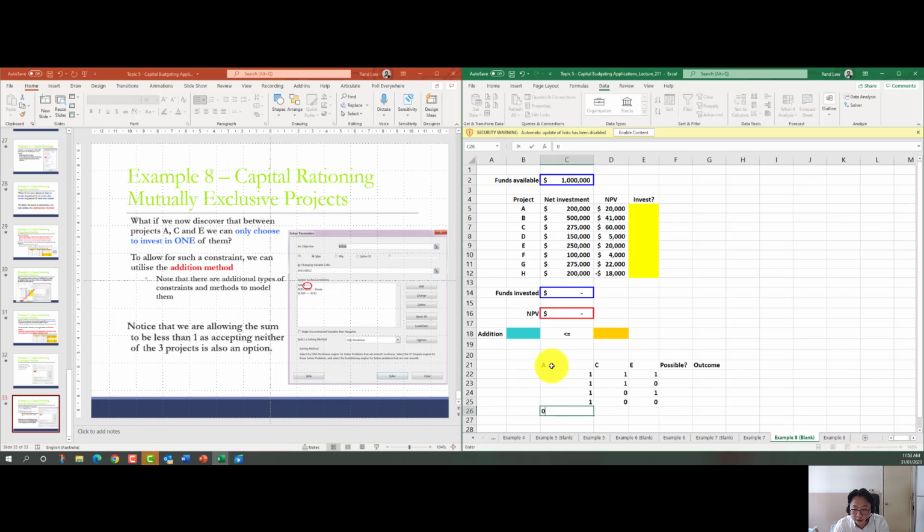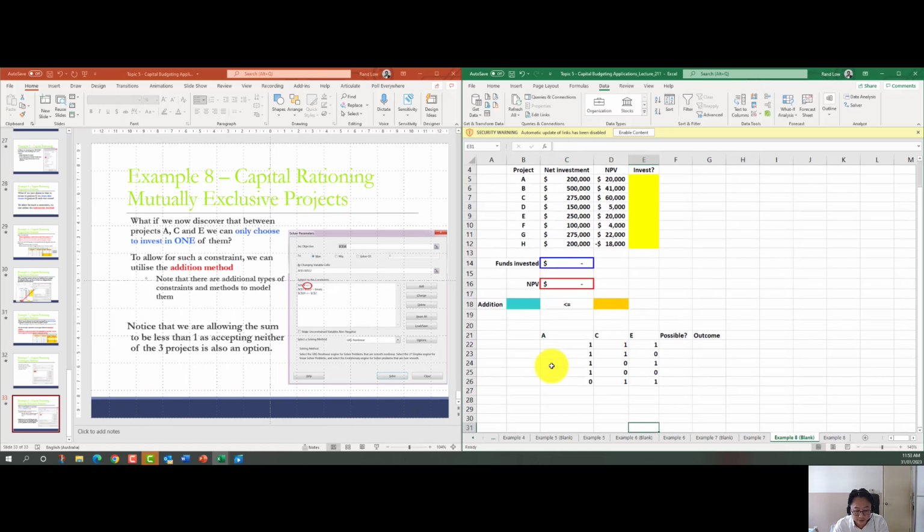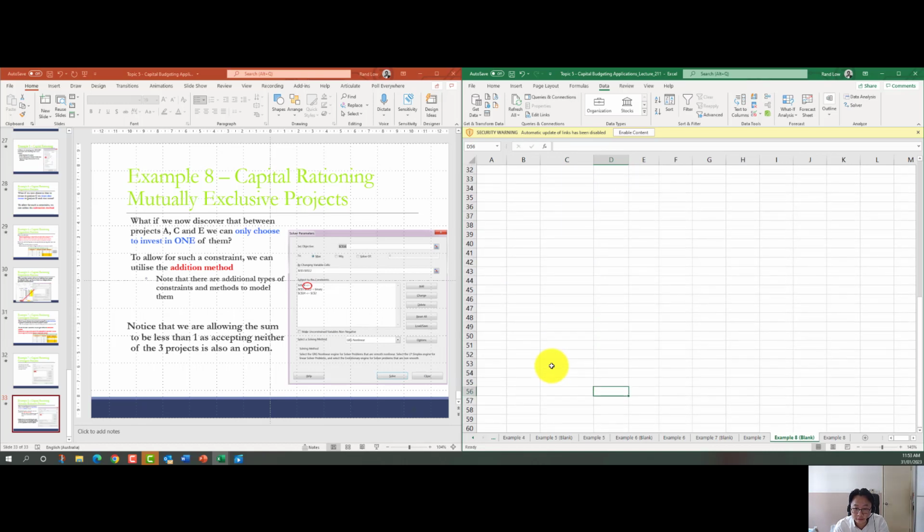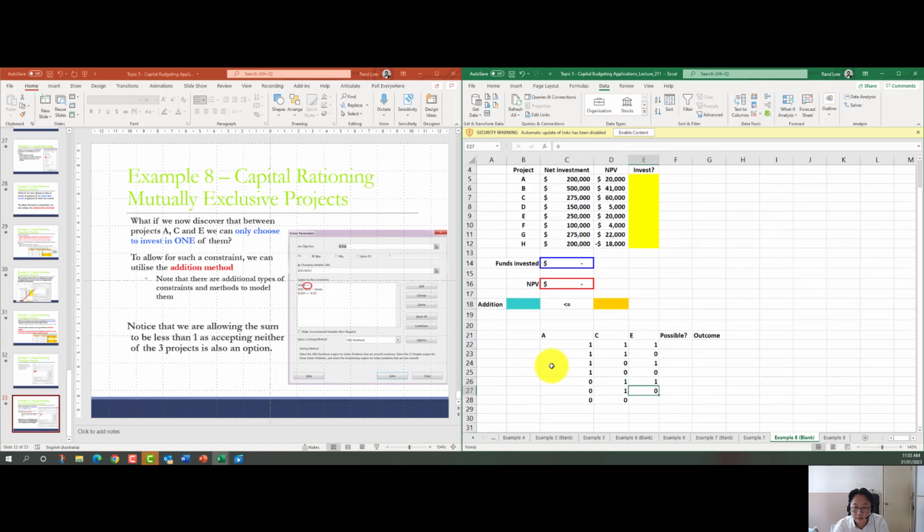What we're doing is looking at all possible scenarios, and then listing what's possible and what's not. So we know this is no, no, no, yes, no, yes, yes, yes. So we're going to take the addition, plus all of them.